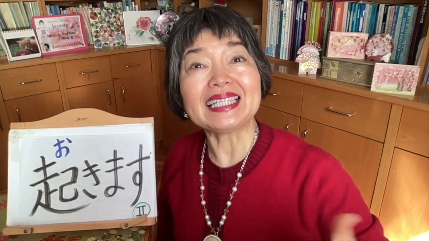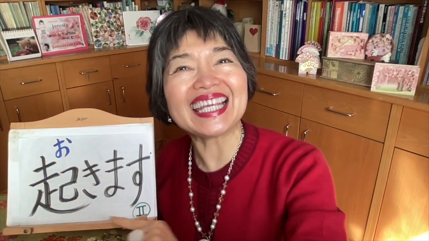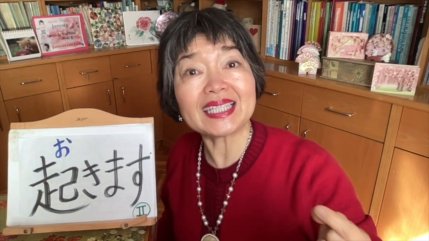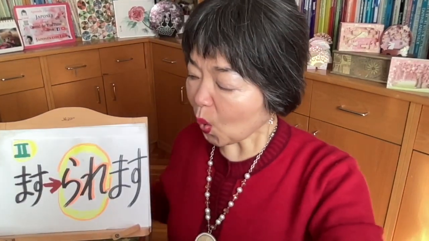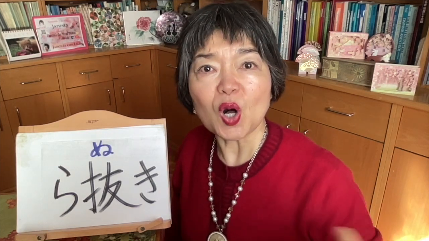I was awake, so in the formal way 起きていましたから. But in the casual way 起きていたから. And even faster, we omit い. 起きてたから. So quick. 昨日の夜2時まで起きてたから今朝早く起きれなかった。You can listen to these sentences like this in anime, manga, or in everyday life.